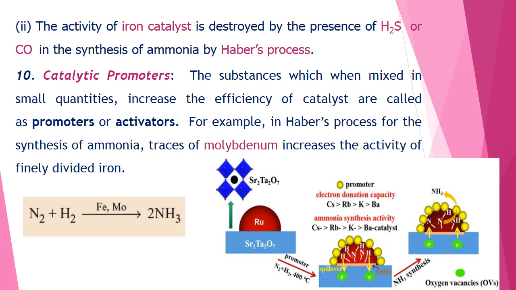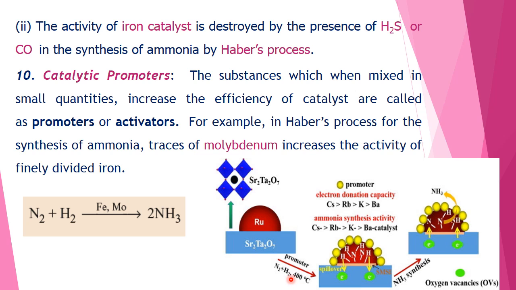Here, ammonia, nitrogen and hydrogen at 400 degrees centigrade, synthesis of ammonia. The promoters, the yellow ones, have electron donation capacity. So these metals can be used as a promoter: cesium, rubidium, potassium and barium.